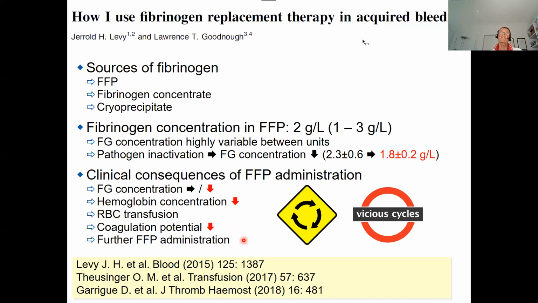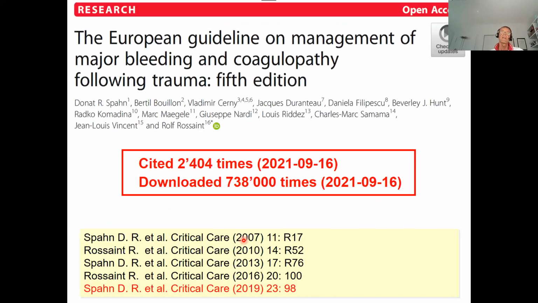You need to have clear standards, clear measurements, and clear indications of what to do. And this is what we did with the European guidelines on the management of major bleeding and coagulopathy following trauma. And in 2019, we published the 5th edition already.